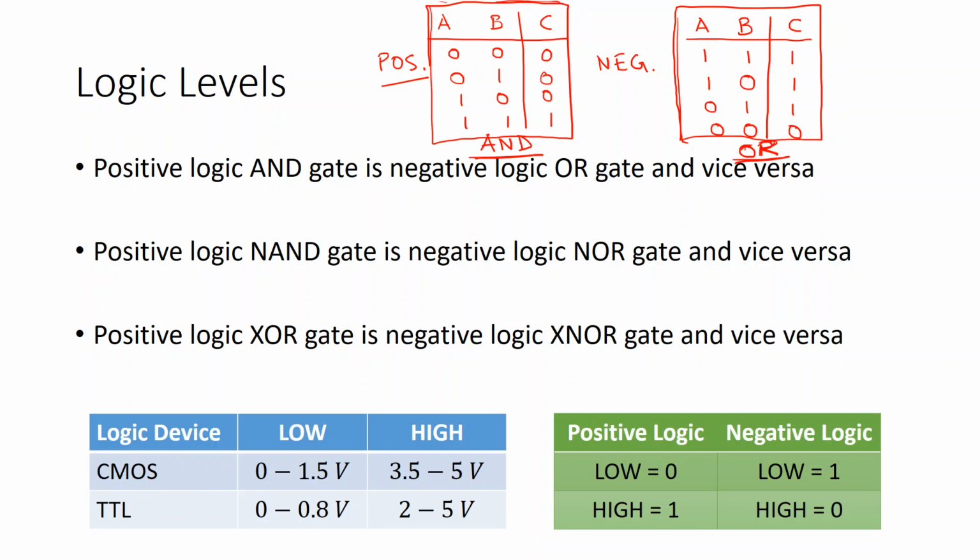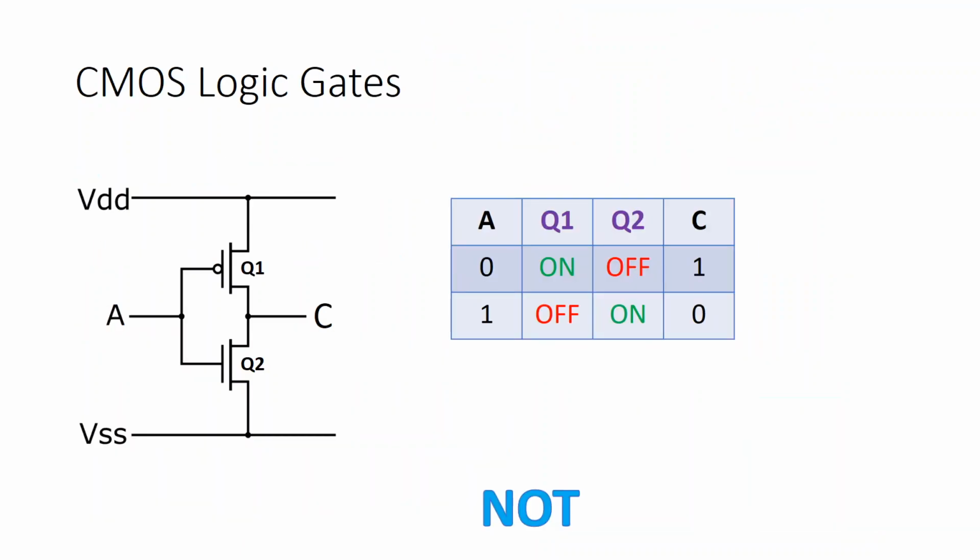So now we will look into the actual connection of the transistors in order to form the gate circuits. We will look at them as a connection of transistors which is bringing out the gate operations.